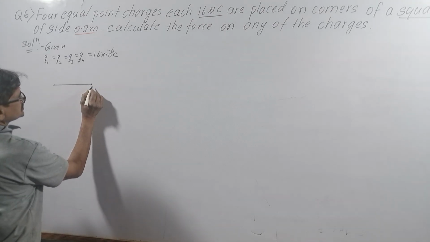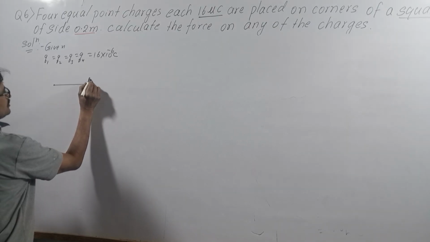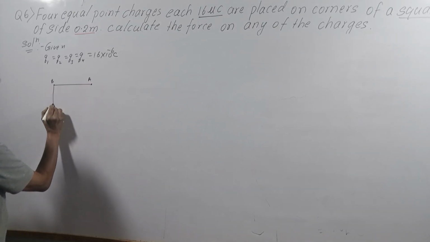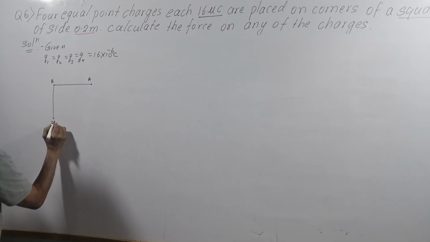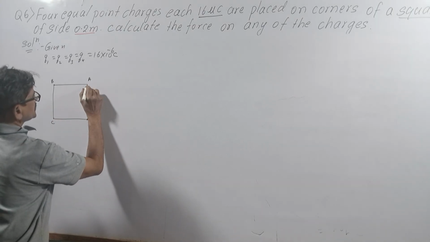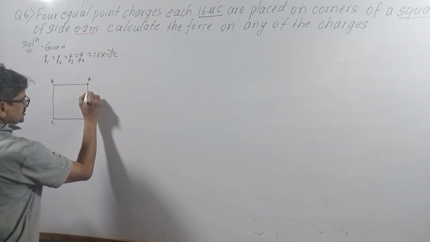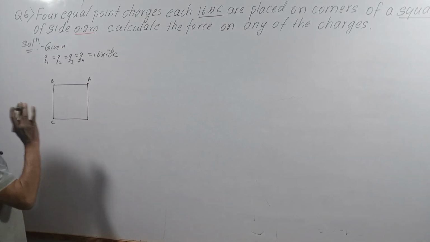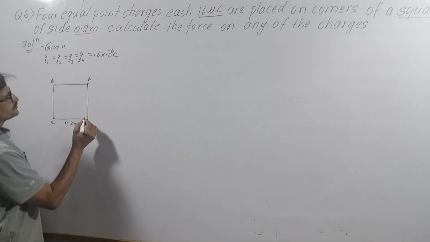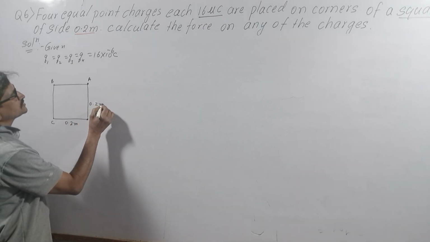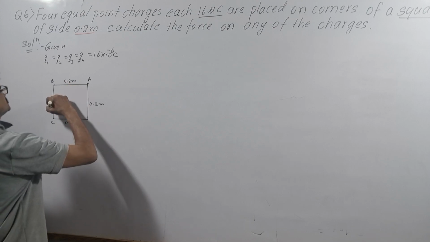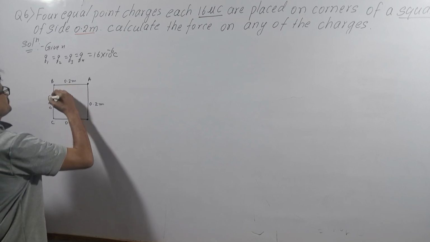This is point A, this is point B, this one is point C, and this one is point D. Join these also. So this is a square whose side is 0.2 meter, 0.2 meter, 0.2 meter, and this also 0.2 meter.